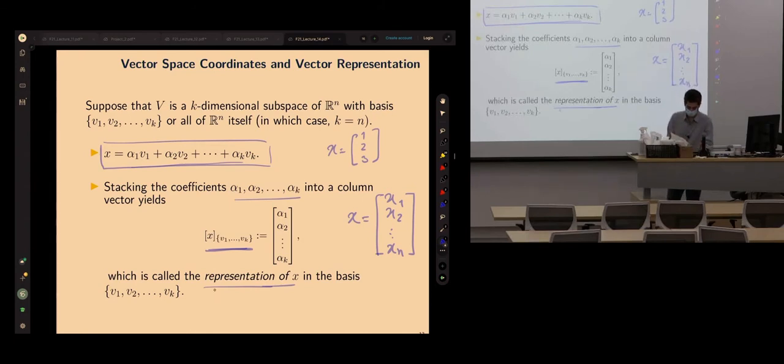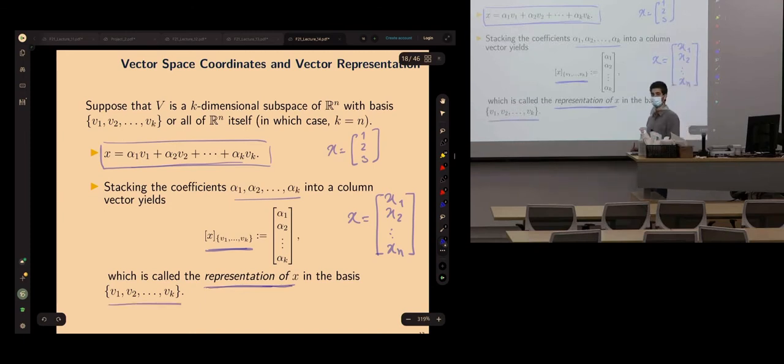So it is a representation of x in the basis v1 to vk, right? So now it matters what basis we are choosing to represent our vector.